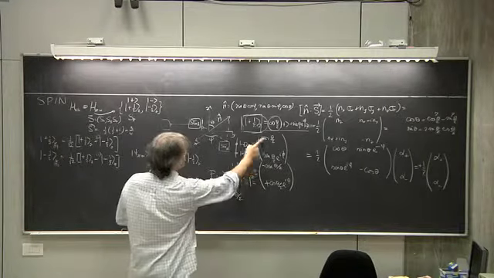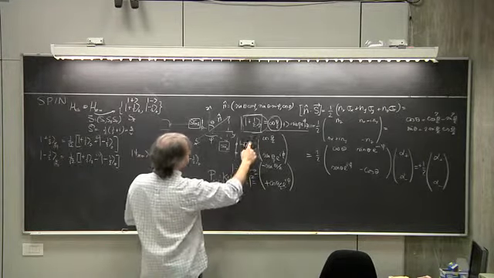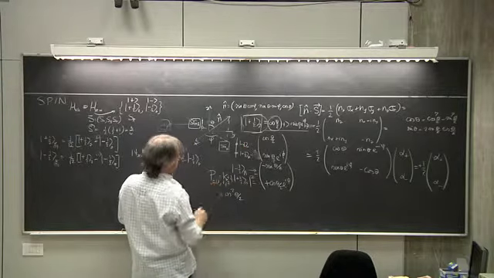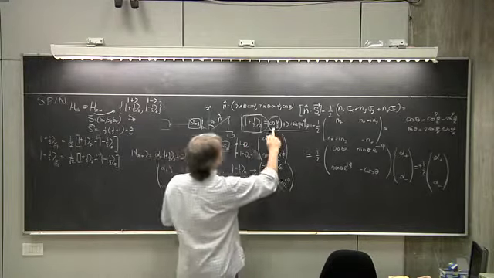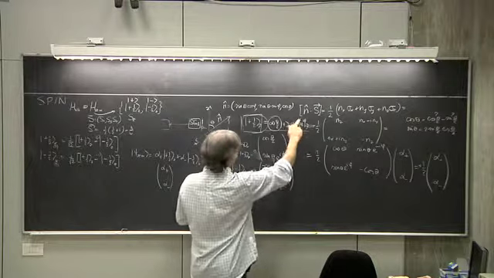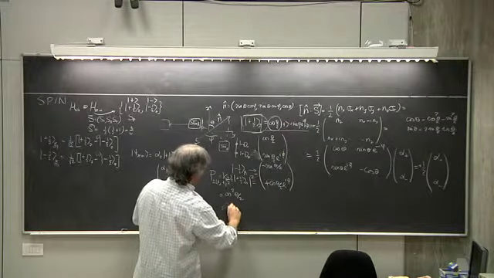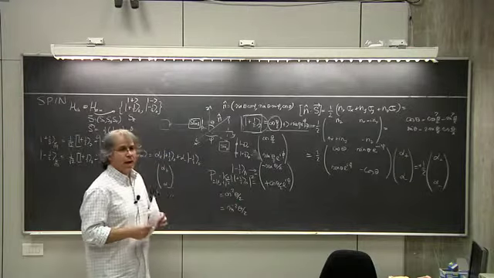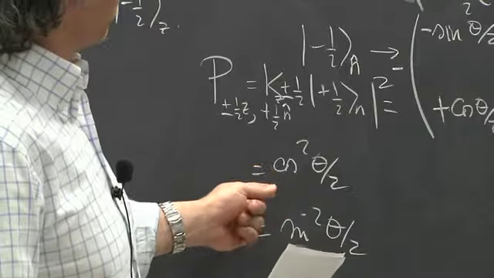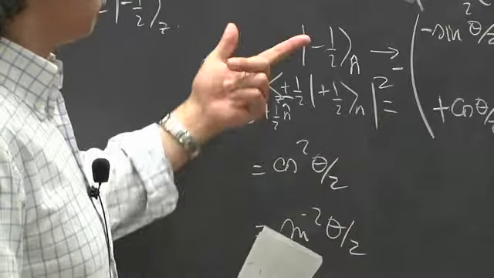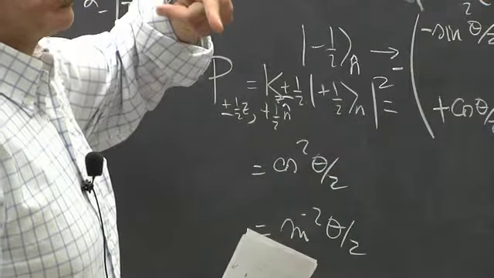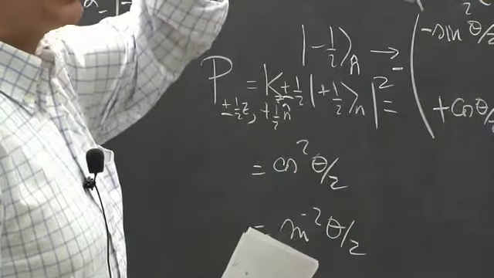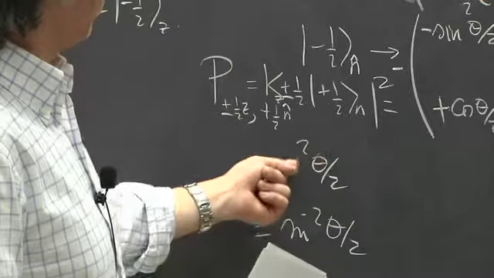If you calculate the other, you have a minus here, a minus here. You have to take the other piece, take the modulus square, you get sine square theta over 2. I like the case, for instance, when theta is equal to pi over 2. Remember, we said if we measure x, we will find 50 and 50.